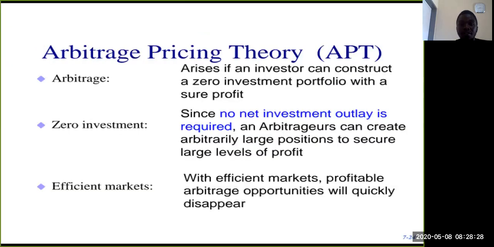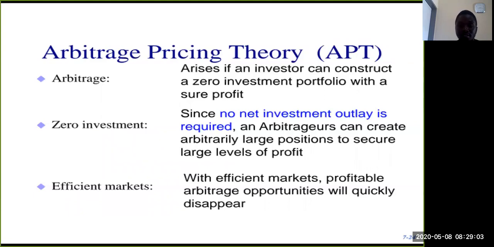Arbitrage arises if an investor can construct a zero investment portfolio with a sure profit. So we saw that in as much as you are making a portfolio, the portfolio helps to lower the risk. Zero investment, since no net investment outlay is required, and arbitrageurs can create arbitrarily large positions to secure large levels of profit.